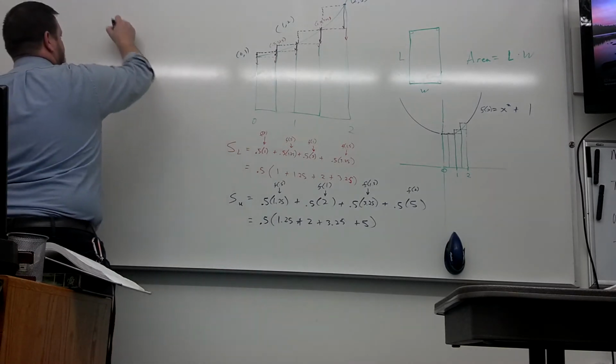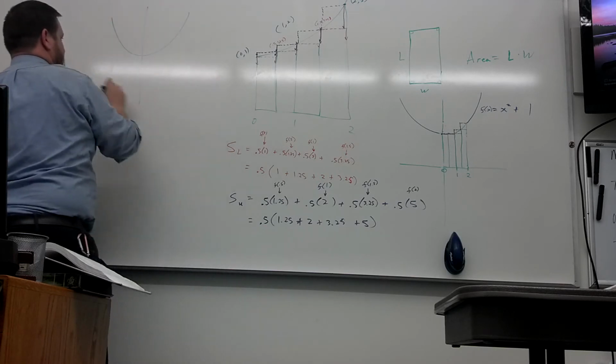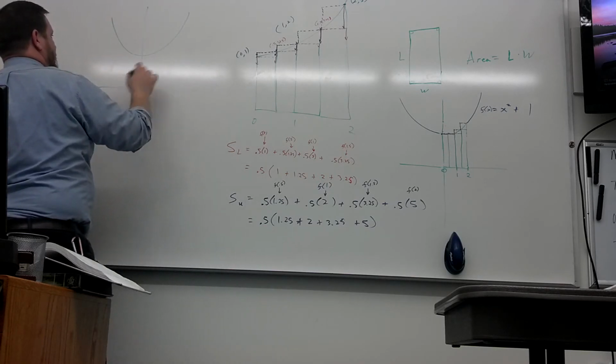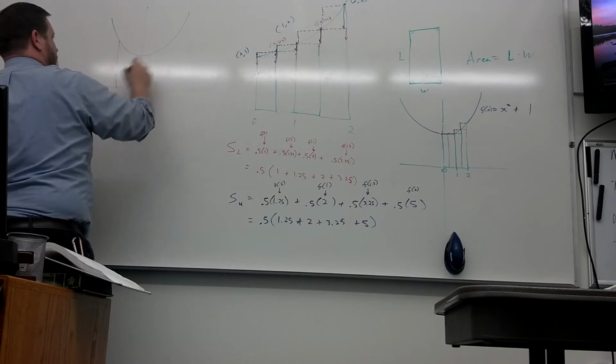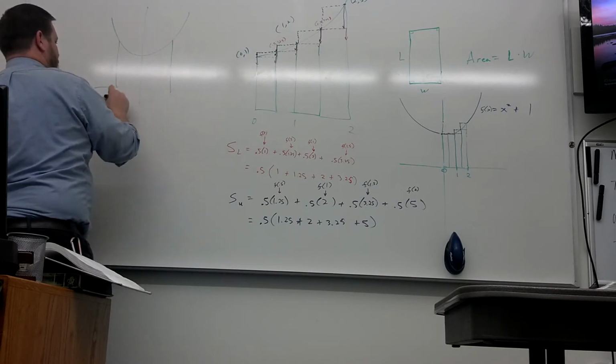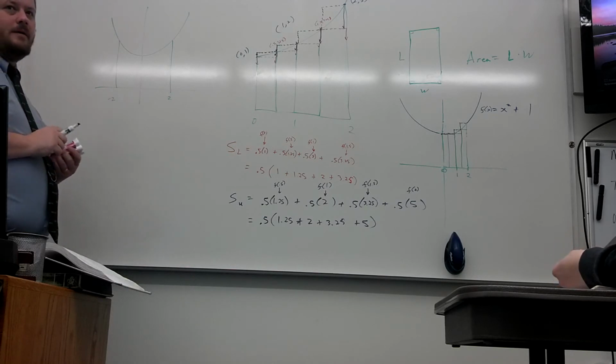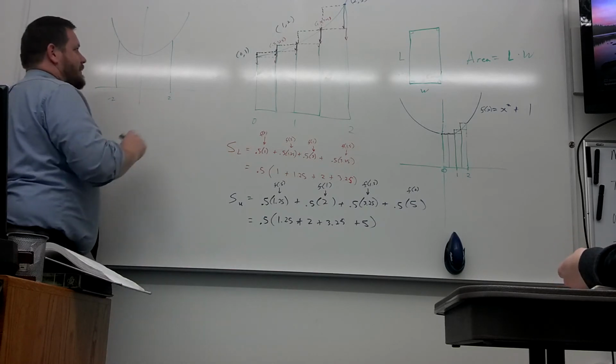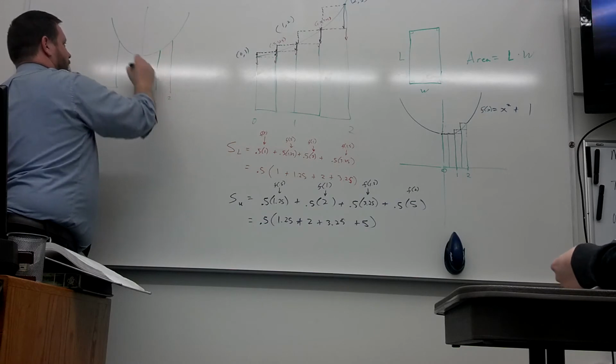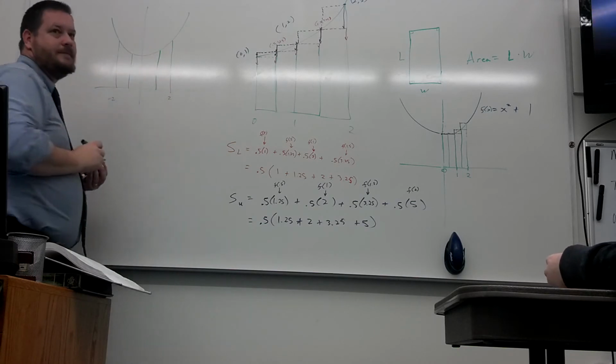What if I had a parabola and I want it from here to here, let's say from -2 to 2? Can you just take the sum of one side and double it? In this case, yes.